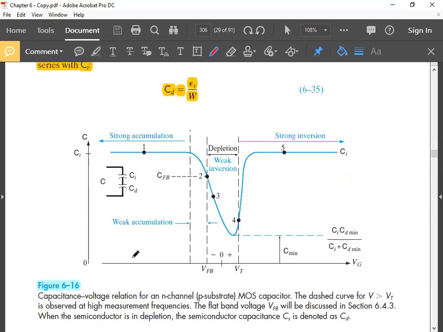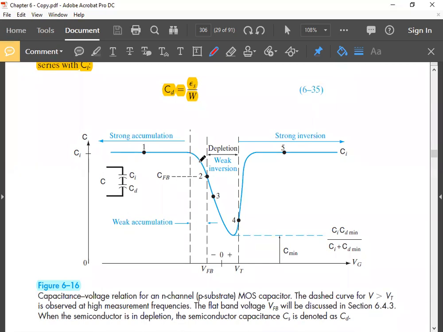So from a large negative value, if you increase the gate voltage in this direction, from left to right, at some point accumulation will be weak. Weak accumulation means only a small number of holes will be here.